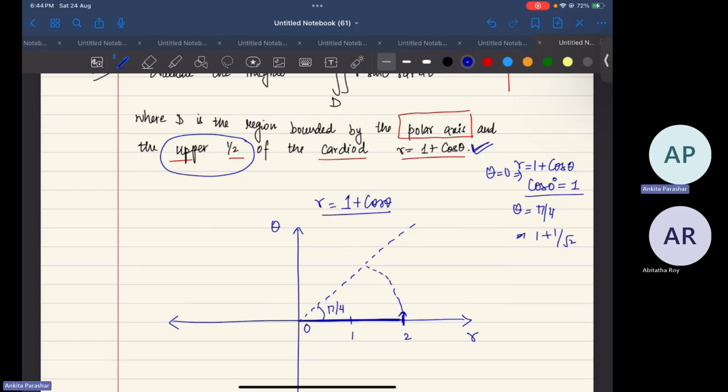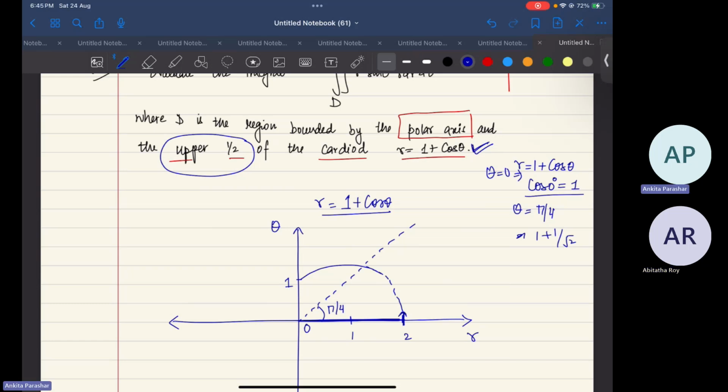If I go to pi by 2, what is the value? It's 1. That means it has to come down, so roughly it should come here. Is it okay? I should draw one bit above, because the way I have written here, it should be here. Let's draw here.